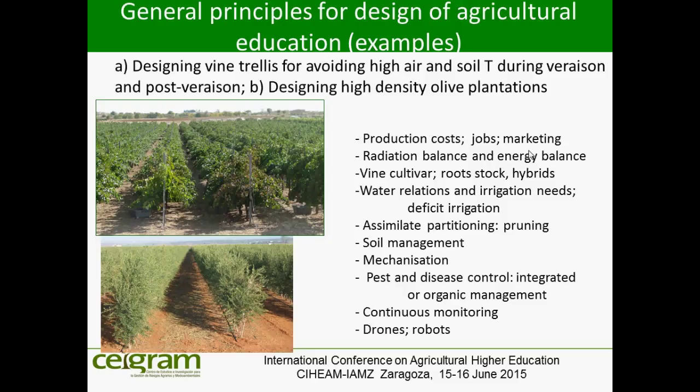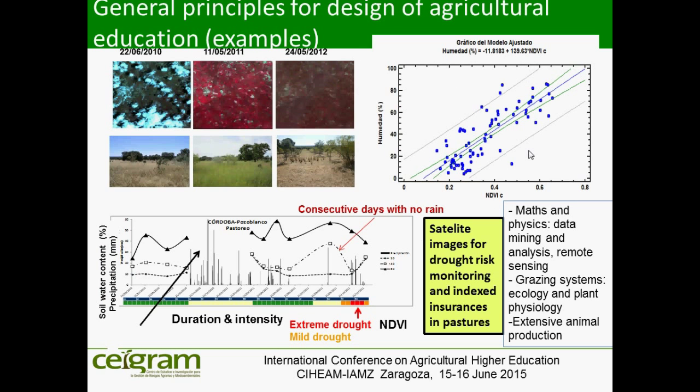So I am going to end the talk with 3 examples of what our students can do, alone or with us lecturers, in the master thesis or in the graduate thesis. Once they know the basics of crop physiology and agronomy, they can understand why and how vines can be adapted.